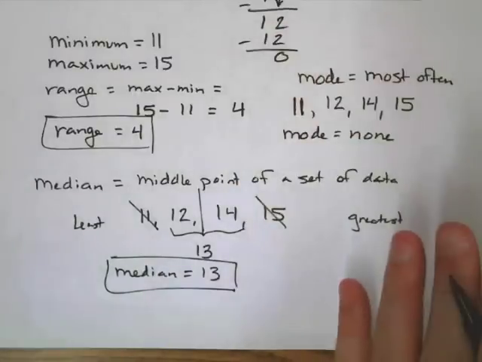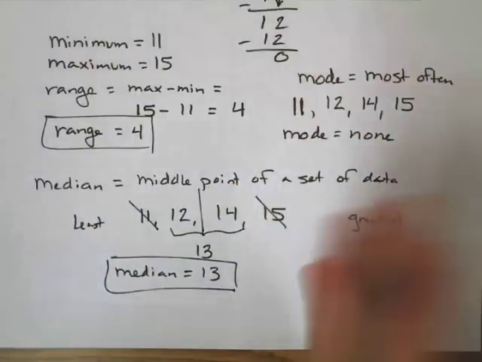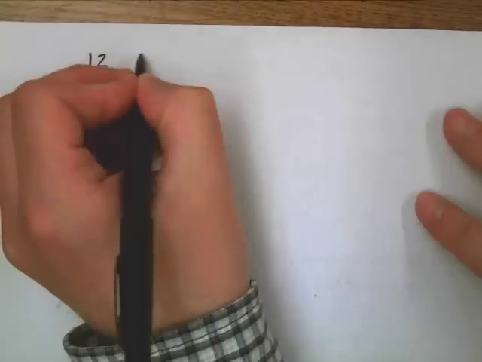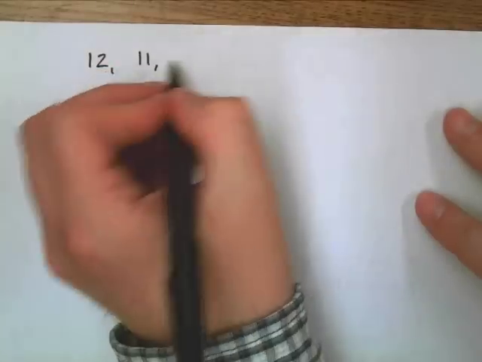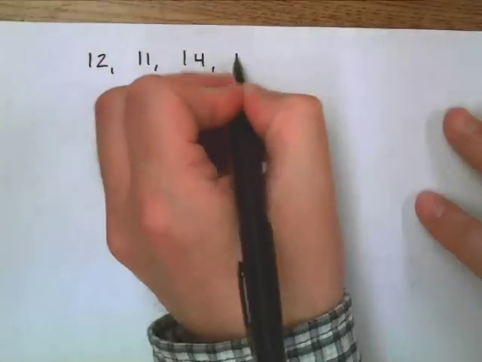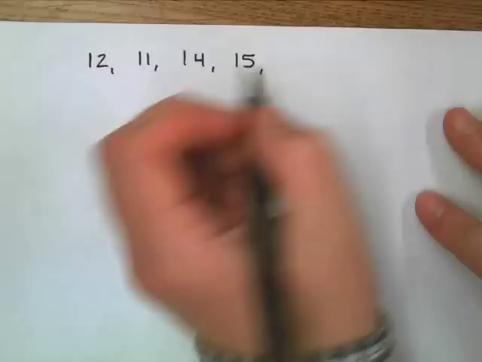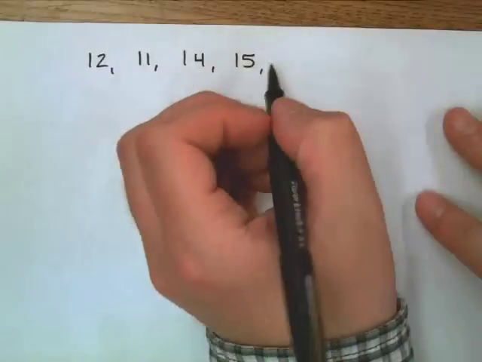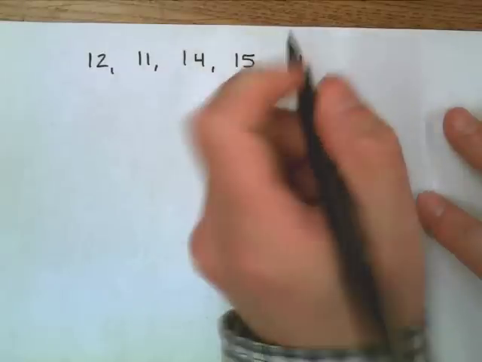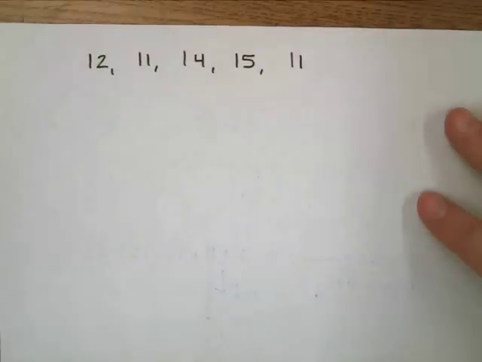Now let's take a look here at what might happen if we change this data a little bit. Let's see if we had this as our data. Let's say we had 12 car washes, 11 car washes, 14 car washes, 15 car washes, and another class, let's say the 9th grade decided to join us, they also got 11 car washes in there.